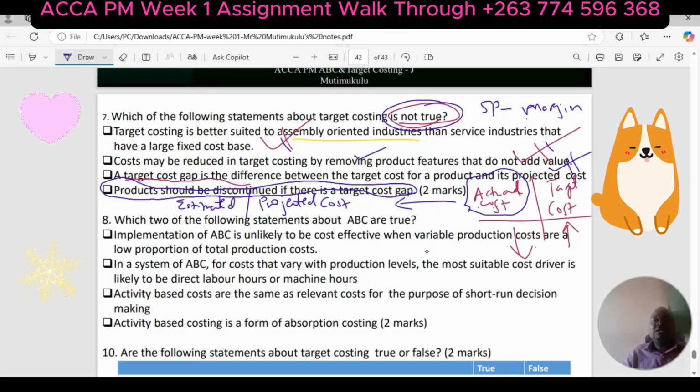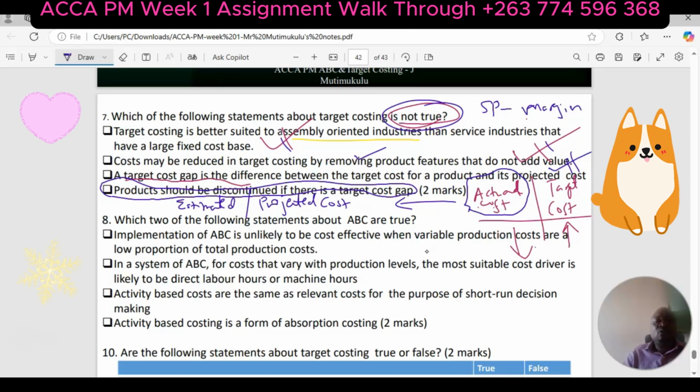Well, this one in an examination, you can just put it on pause and proceed to other options. In a system of ABC, for costs that vary with production levels, the most suitable cost driver is likely to be direct labor hours or machine hours.